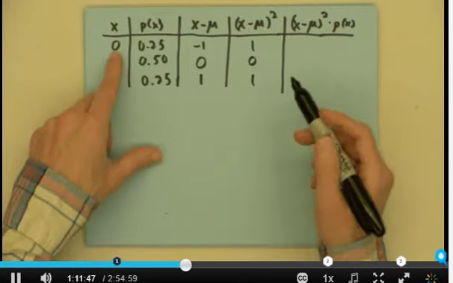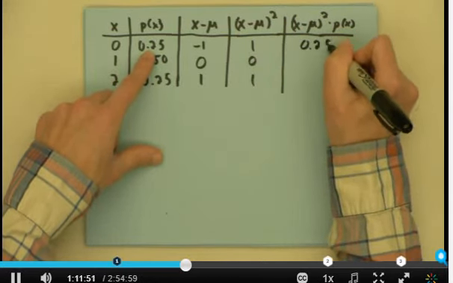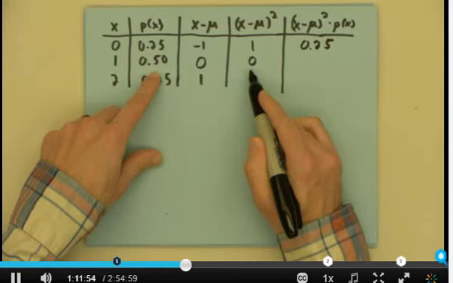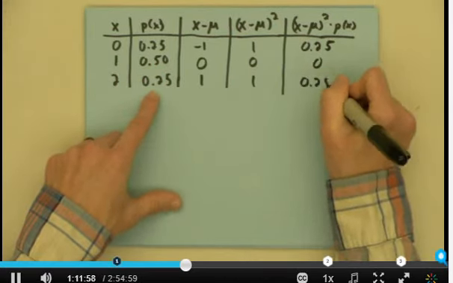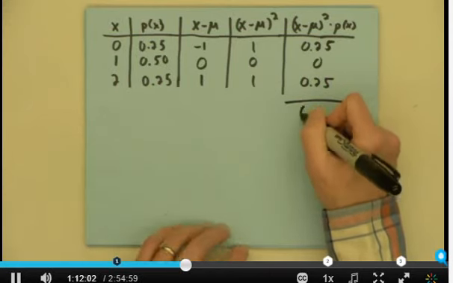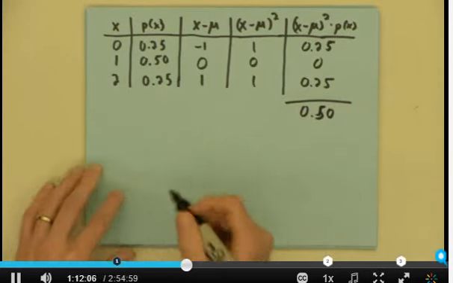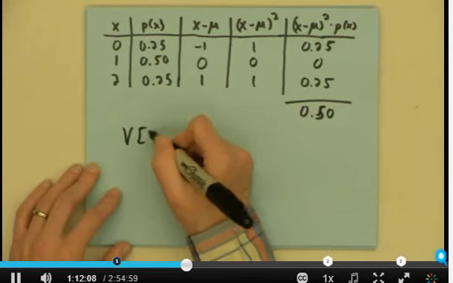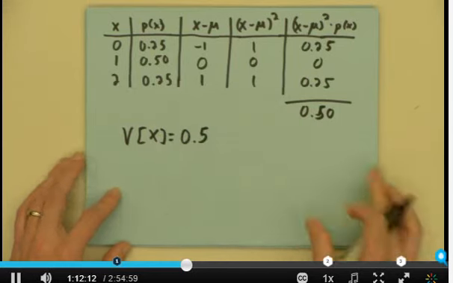So what would I have? 1 times 0.25, 0 times 0.5, and 1 times 0.25. When I add those things together, 0.50 is what that should be. So my variance is 0.5.